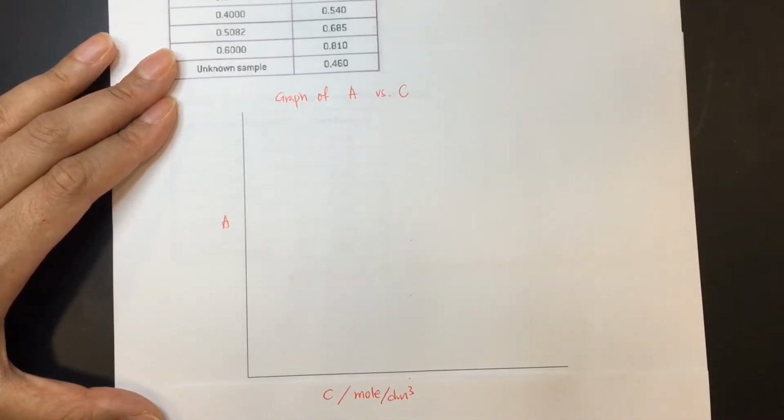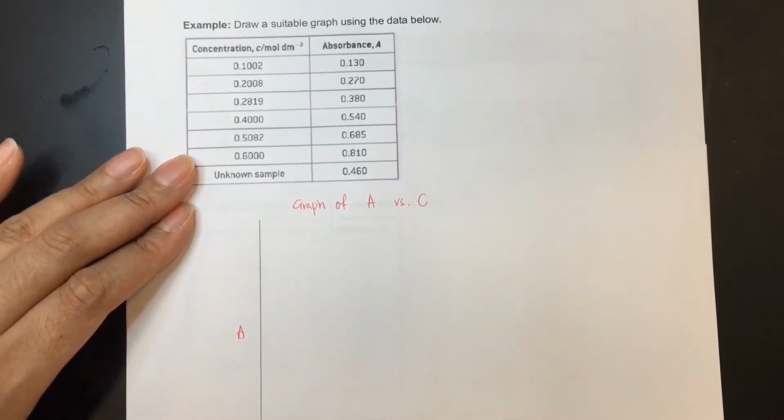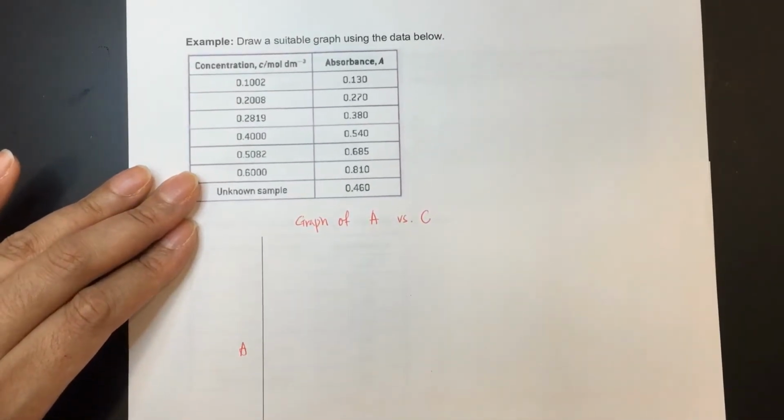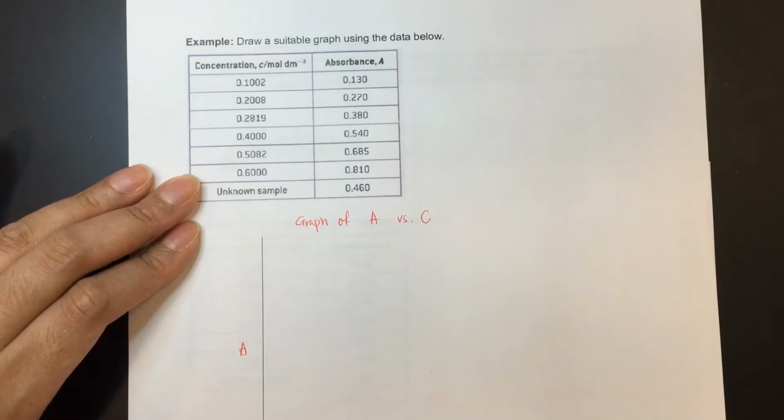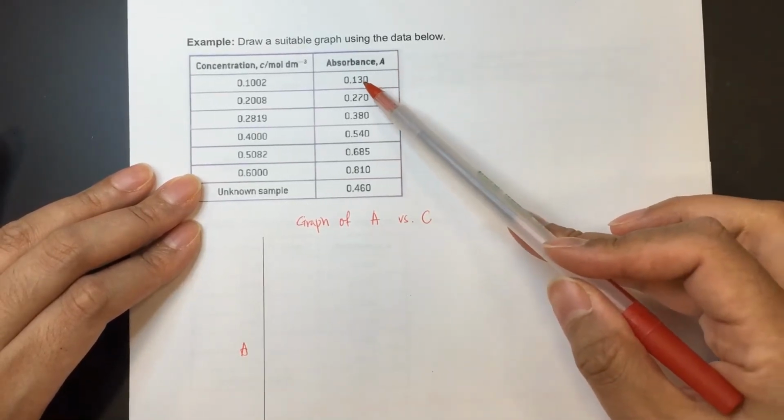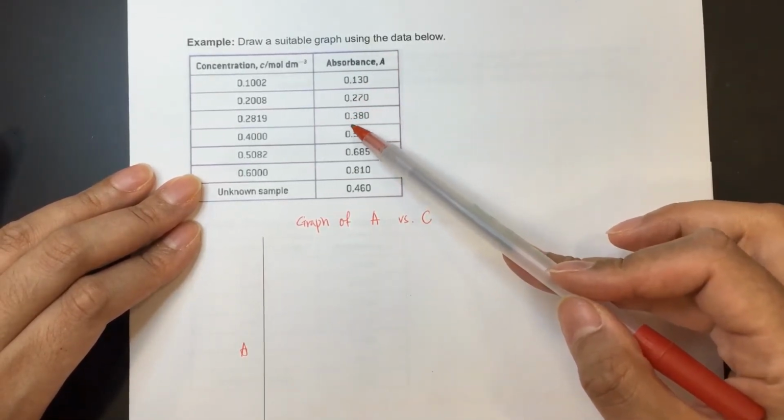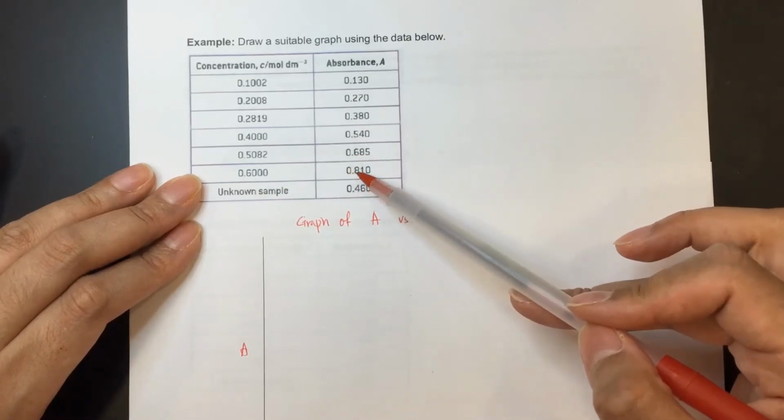Once you've done this, you are going to look at the data and see the possible spacing of the graph. Okay, so absorbance is 0.1, 0.2, 0.3, 0.5, 0.6, 0.8.